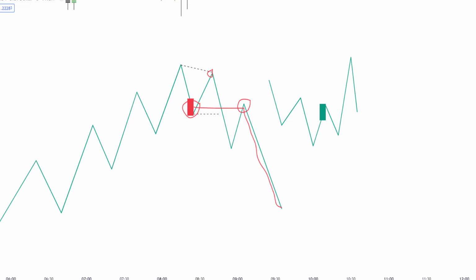So if price comes back to retest this area and push up, you have this particular mitigation block as your bullish mitigation block. Don't forget, please, every time price touches a mitigation block and it moves up, it becomes a bullish mitigation block. And if it touches it and moves downward, it becomes a bearish mitigation block.